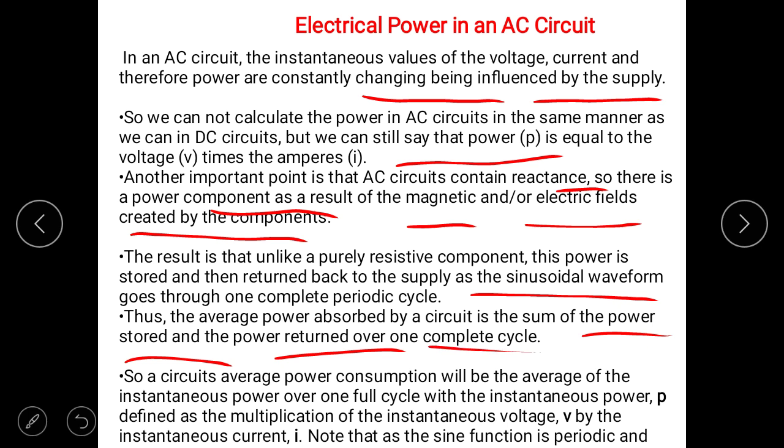So a circuit's average power consumption will be the average of instantaneous power over one full cycle, with the instantaneous power P defined as the multiplication of the instantaneous voltage V by the instantaneous current. Means in an AC circuit, instantaneous power is the product of instantaneous voltage and instantaneous current.